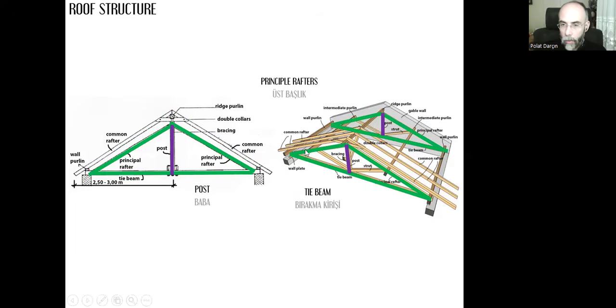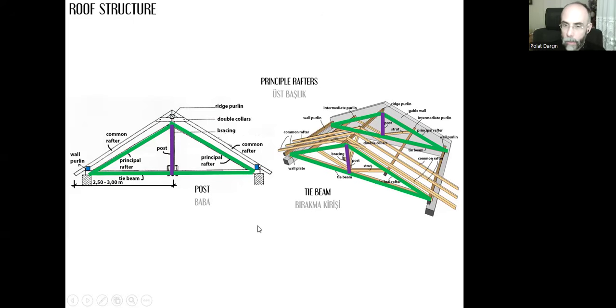I have this truss created with these 4 pieces: 2 principal rafters, inclined rafters, 1 tie beam, the horizontal one that connects them together, and one post here in the middle, vertical. That's one of the trusses, and I can have another truss by leaving a 4 meter gap in between.